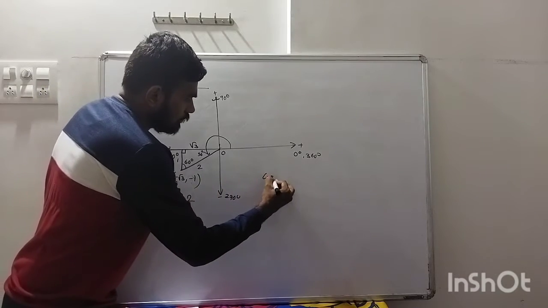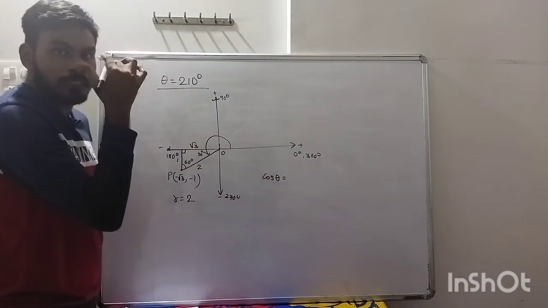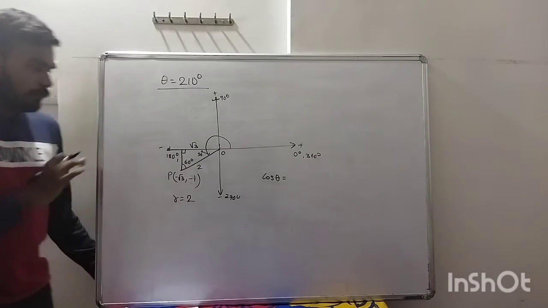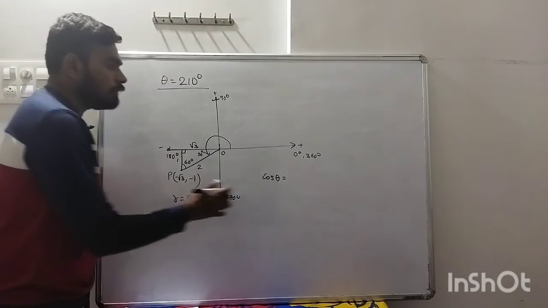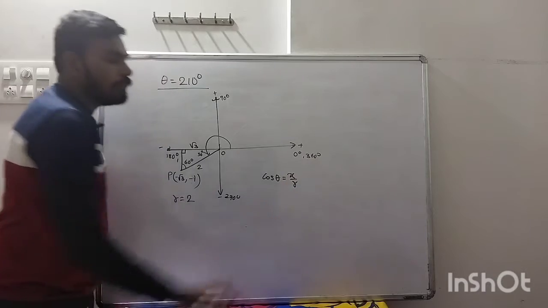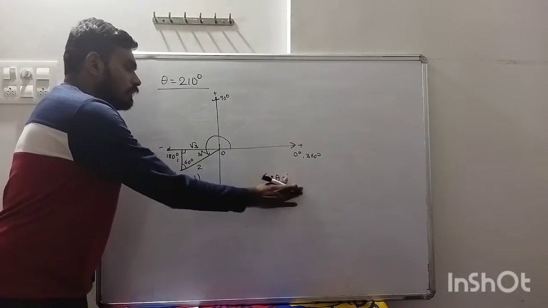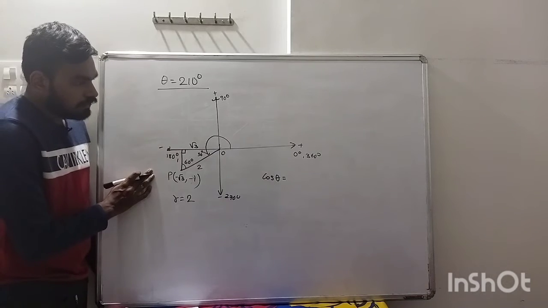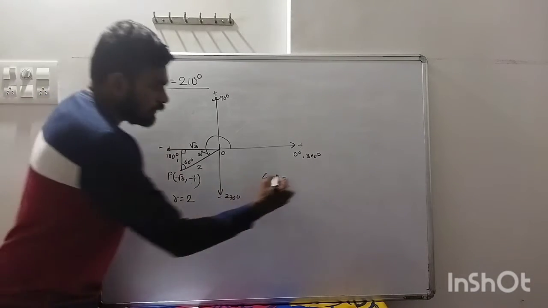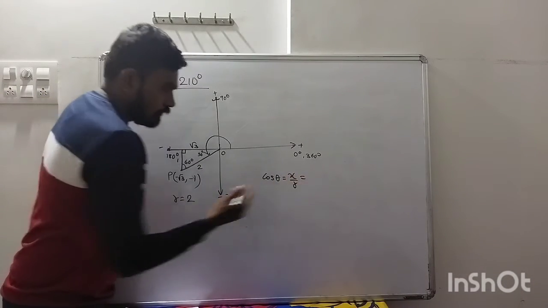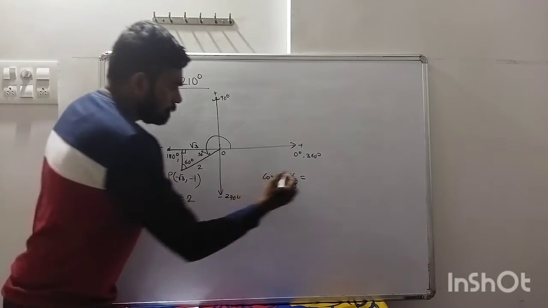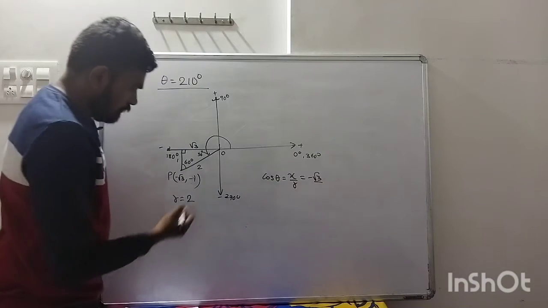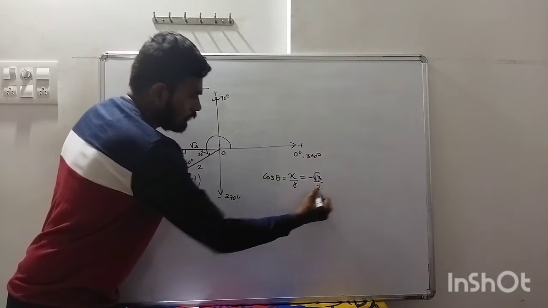What is cos theta? You have to remember that cos theta is x upon r. Or else I will show you a more shortcut trick. Cos theta is x upon r, so x is minus root 3 and r is 2: minus root 3 upon 2.